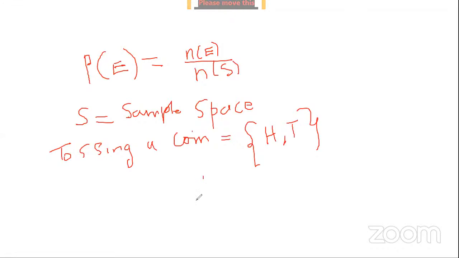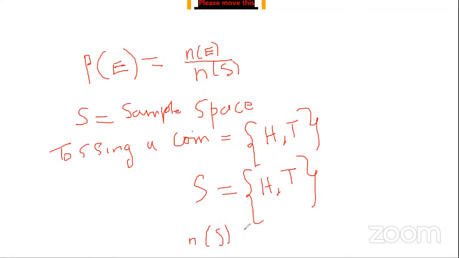So this, we call it the sample space, a set of all possible outcomes. So here, what will be the number of the sample space? The number of the sample space is 2. Okay. So it will be 2.